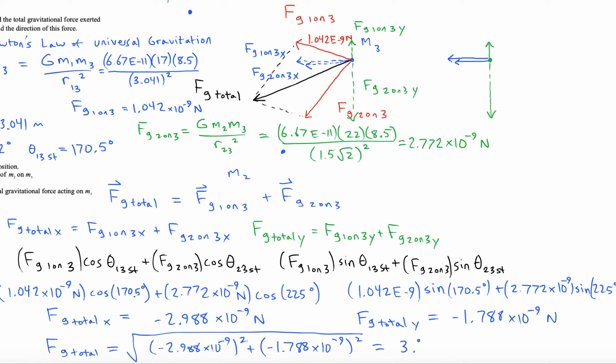I get 3.48 times 10 to the minus 9 newtons for my final magnitude.